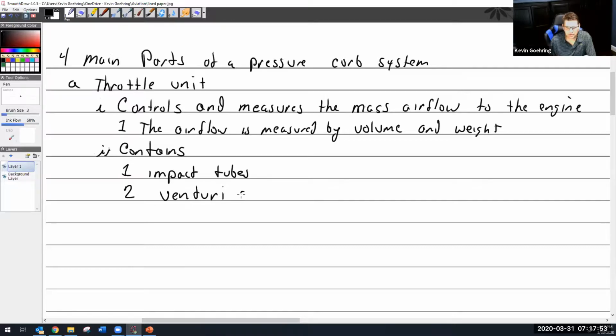And I'm going to put this in parentheses because it can have plenty of venturis, or at least a couple.